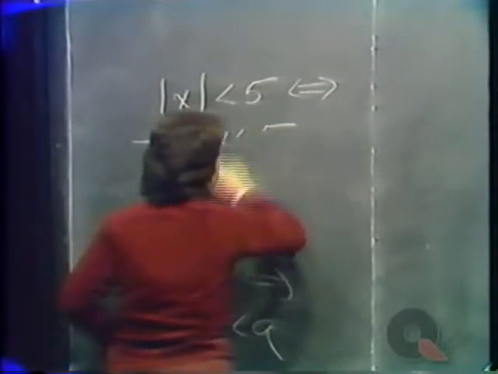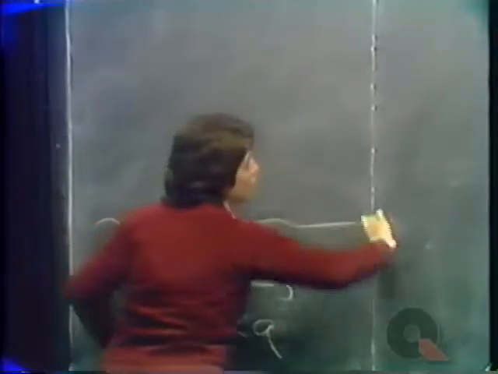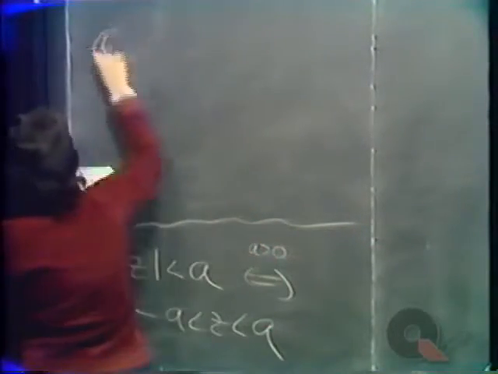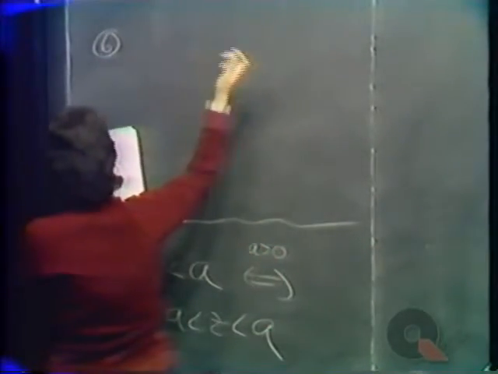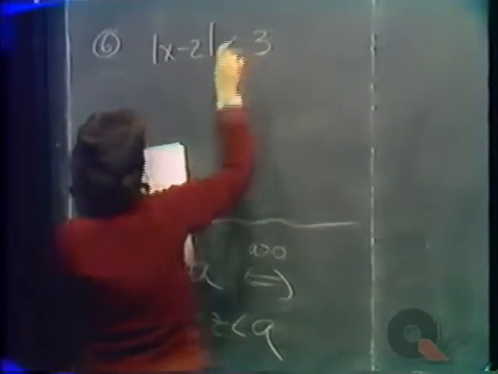Bearing that in mind, let's work out the next example, which is to solve for x: the absolute value of x minus 2 is less than 3.